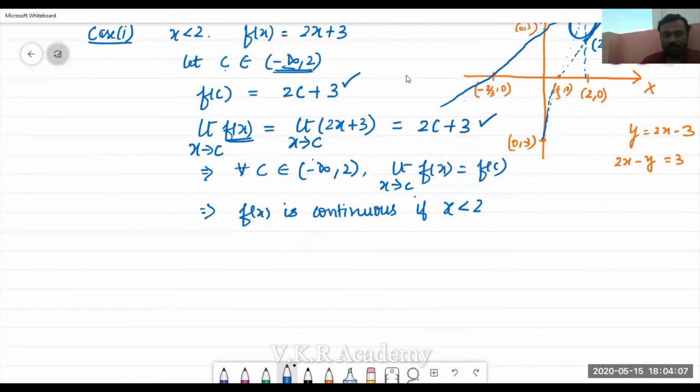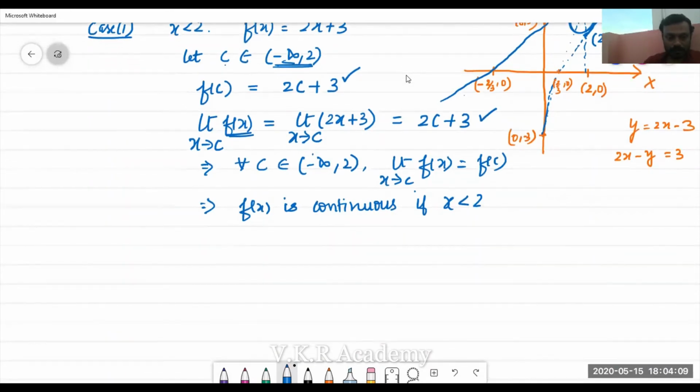Now the case of x is equal to 2. It's a point where the function gets split. So we have to consider the left hand limit and the right hand limit.